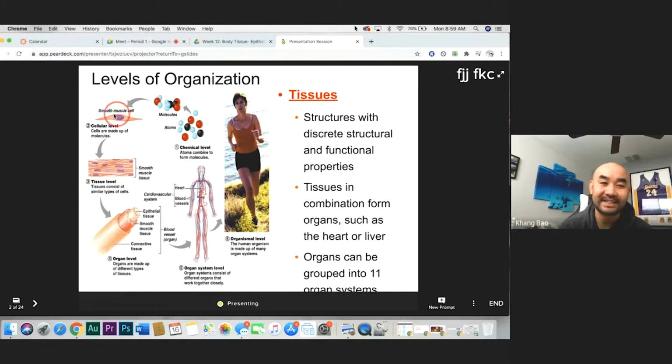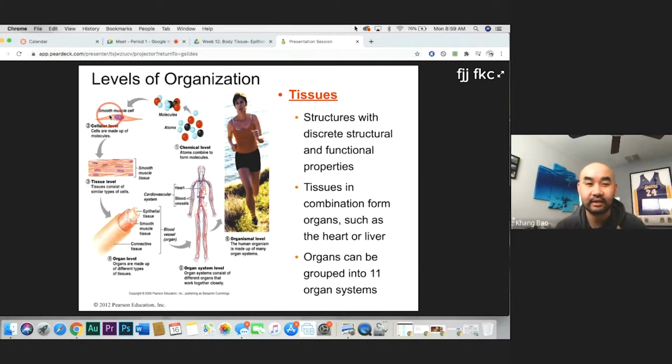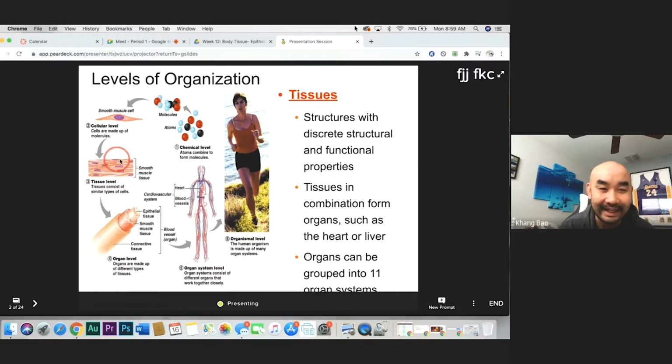And then you have cells that do the same job, like skin cell, muscle cell, or heart cell. When they have the same job, they connect to each other and they become what we call tissue. And then those tissues will go on to combine with other tissues to make an organ, and then an organ system, and then the whole organism. And remember, that's the level of organization, okay?